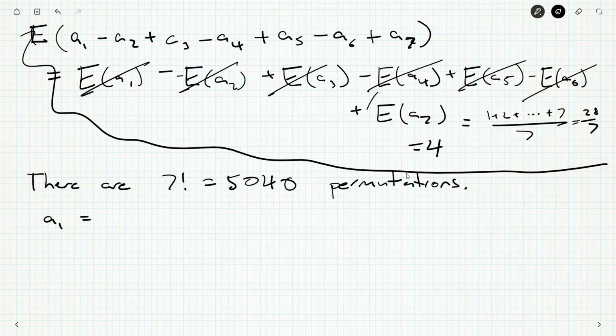A1 will equal, I want to say this a different way. So A1 will equal K. Now, AK will equal, I don't know, M in 6 factorial permutations.